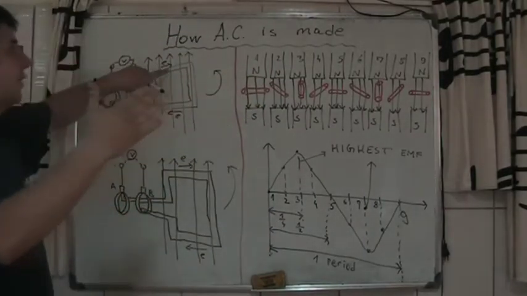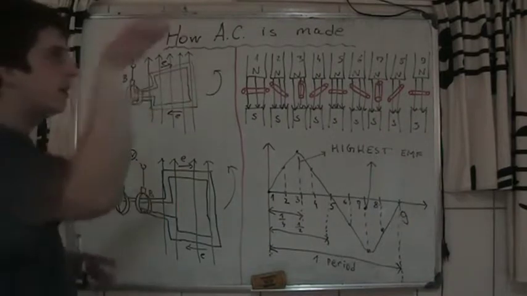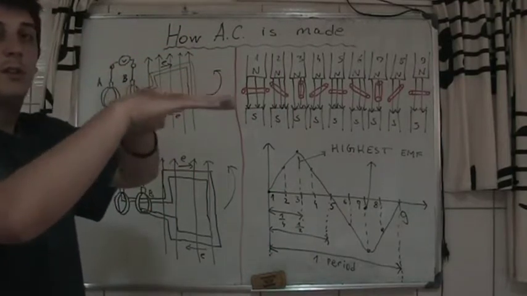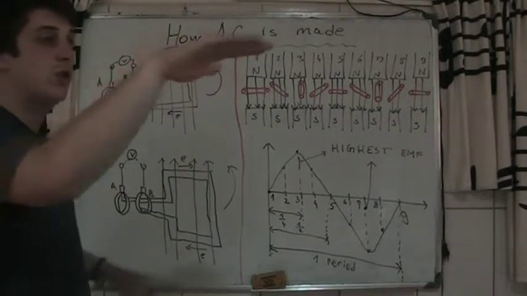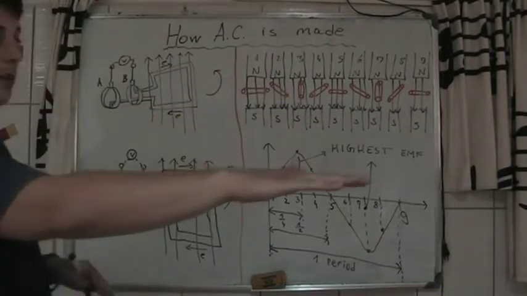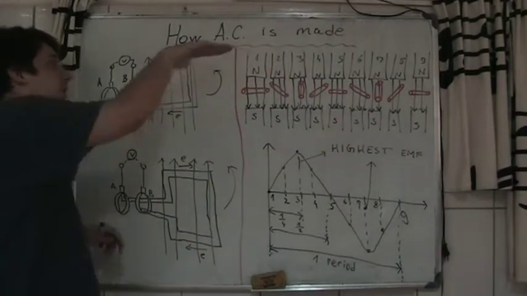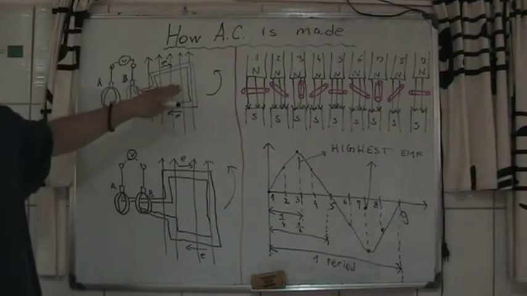This side of the conductor goes in that direction. The thumb shows you the direction of the velocity of this conductor, so it goes, I don't know, in this direction. The thumb shows you the direction of the movement of this conductor.